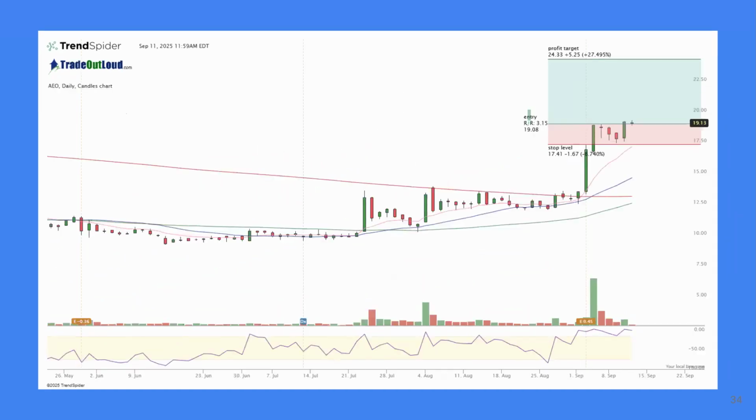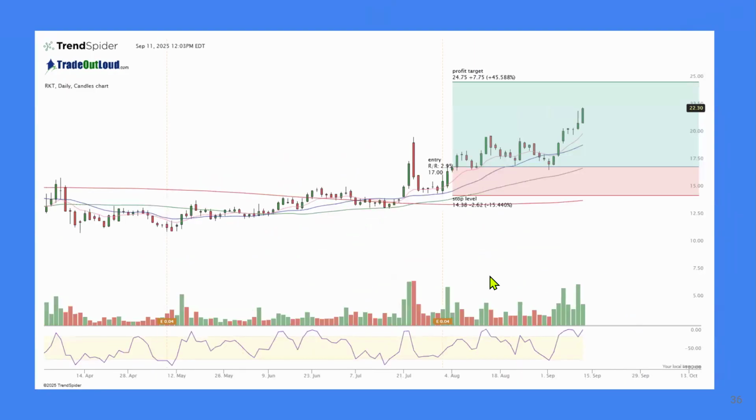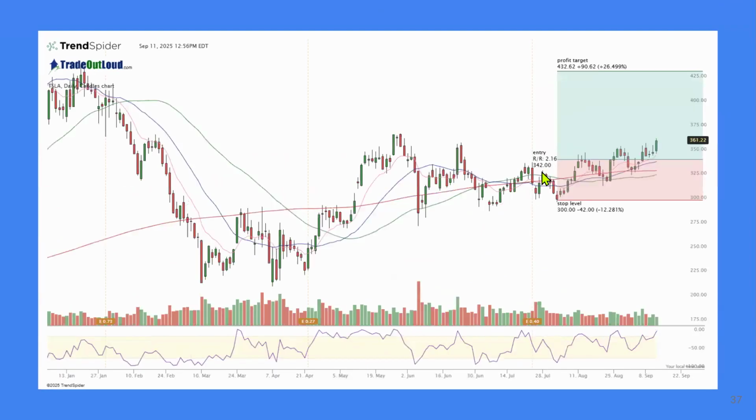AEO into a breakout. This is the forecast target right here. So have everything pre-calculated, because when you have everything pre-calculated, it's so much easier to play your trade because you have a plan for the trade. And I showed you what I do with the plan of the trade, how to plan the trade. This is RKT. This is one of our mega winners as well.